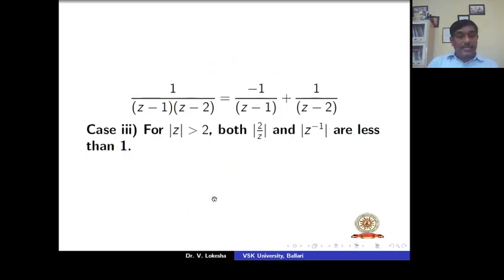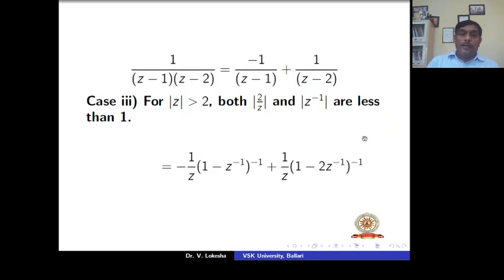Finally, in the last case, for mod z greater than 2, both 2 by mod z and z to the power of minus 1 are less than 1. Then this becomes minus 1 by z, (1 minus z to the power of minus 1) to the power of minus 1. Here you can take z as a common factor, (1 minus 2 by z) to the power of minus 1.